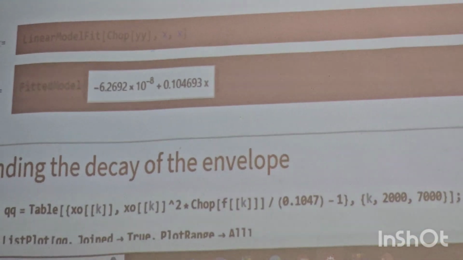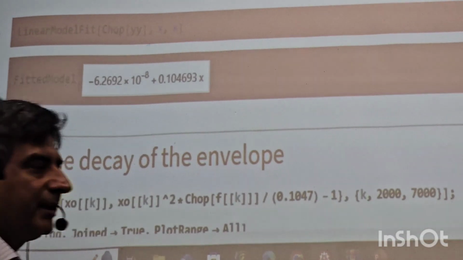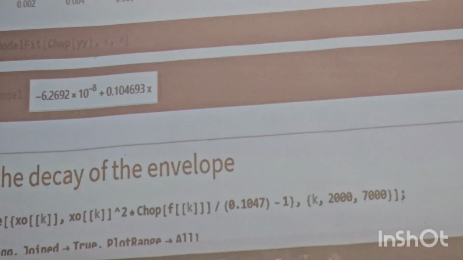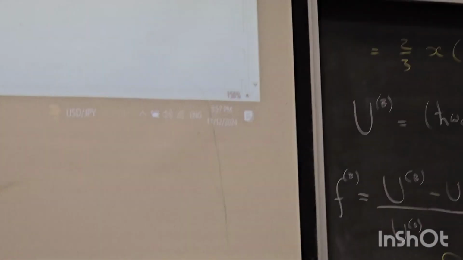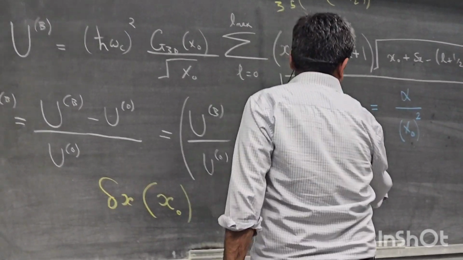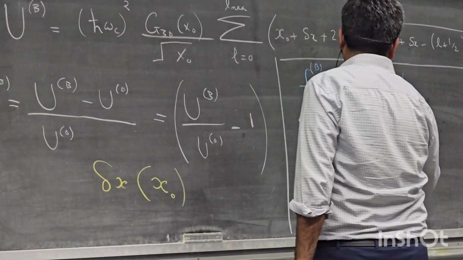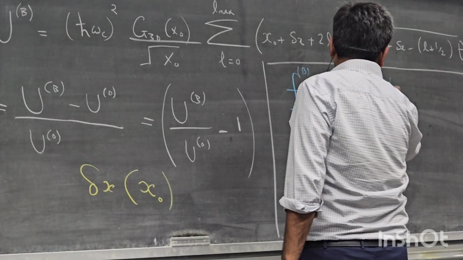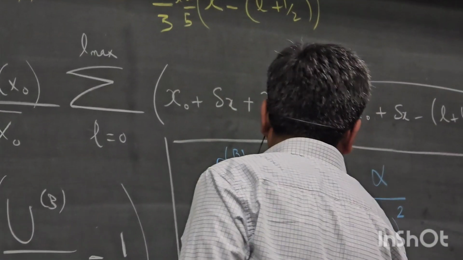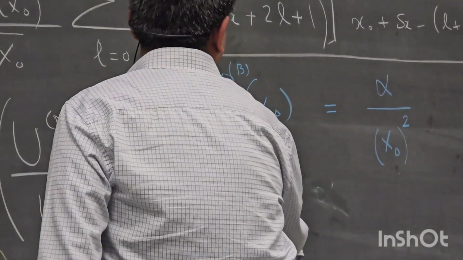Alright. So now my f is alpha, which I know the value of. It's 0.1.